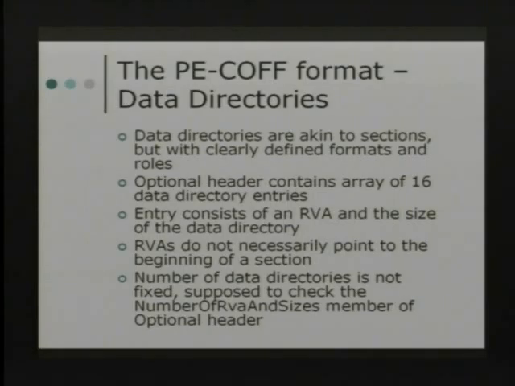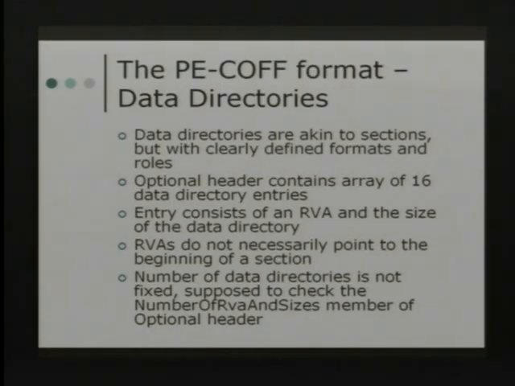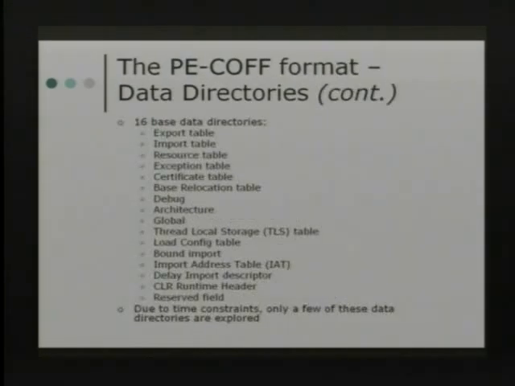We should actually be checking the number of RVA and sizes member of the optional header to determine how many data directories are actually there when parsing it. Getting into it, we have the 16 base data directories, which are the export table, import table, resource table, et cetera.